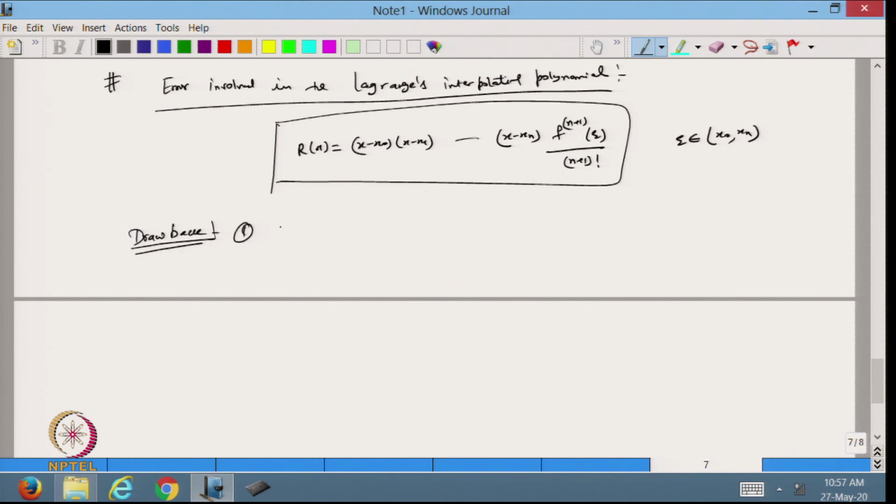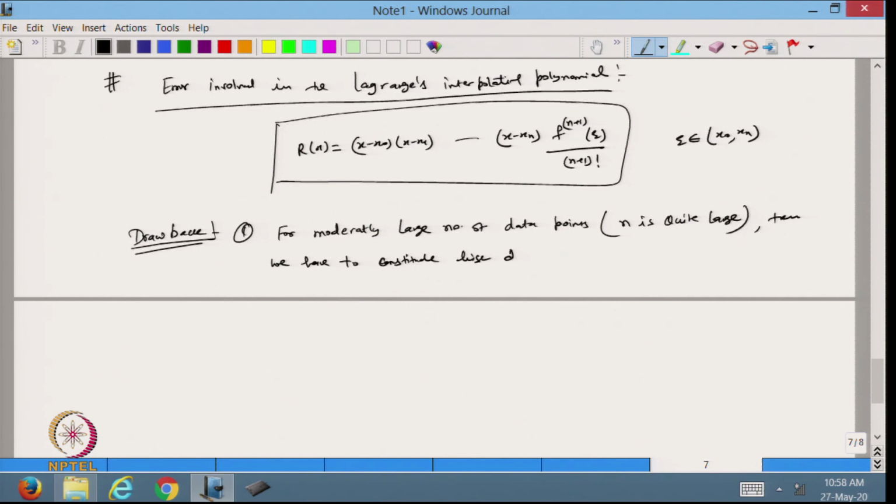The first one is that for a moderately large number of data points, that is when n is quite large, then we have to constitute a higher degree polynomial, which is computationally very costly.